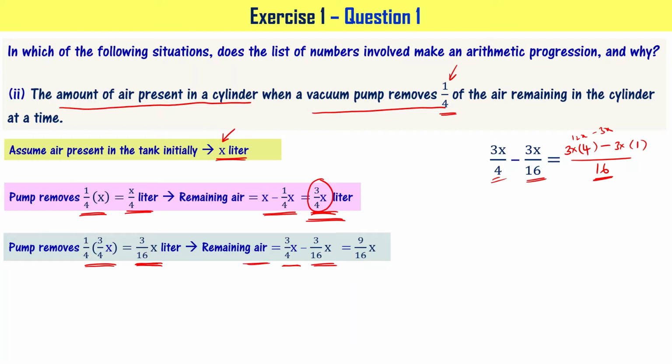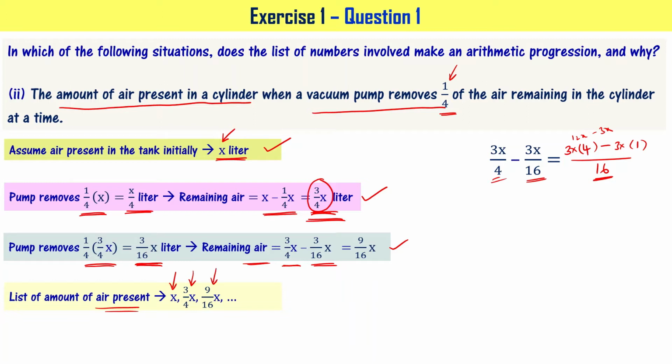Of course, you can further switch on the pump and remove some air and see, but to figure out whether it is going to be an arithmetic progression or not, we just require 3 terms at least, right? So let's write this list. The amount of air present in the cylinder initially is X. Then once you operate the pump, it is going to be 3/4 X. If you operate the pump again, it is going to be 9/16 X, right?